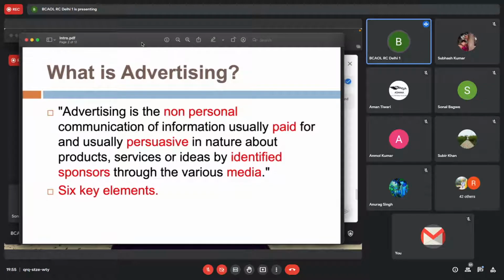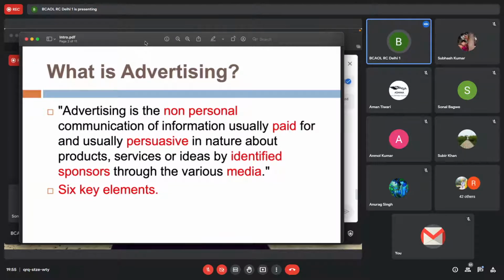So you need to be wary of these advertising techniques. So first thing, it's non-personal, then it's paid for. You definitely pay for it. It's not for free, and it's persuasive in nature. Of course, they're trying to persuade you. They're trying to change your habits. They're trying to change your preferences towards their product.